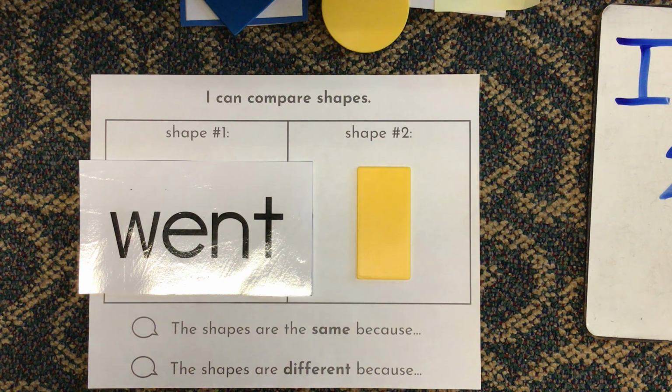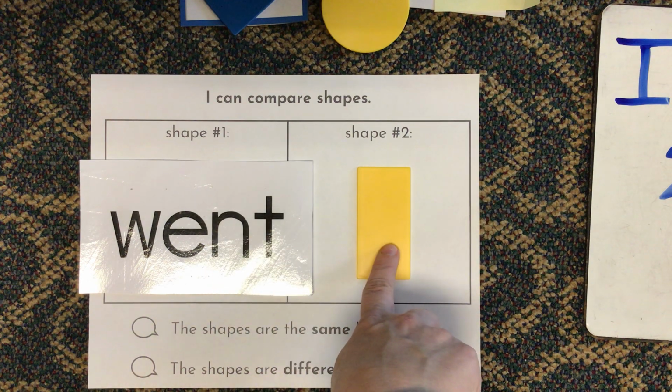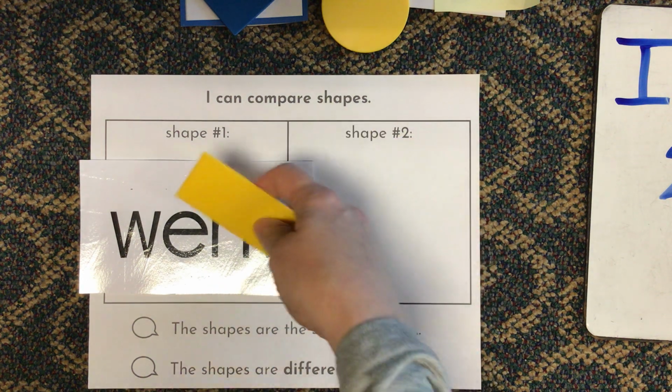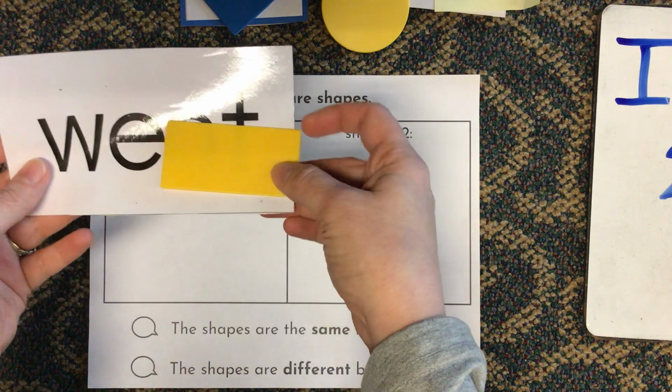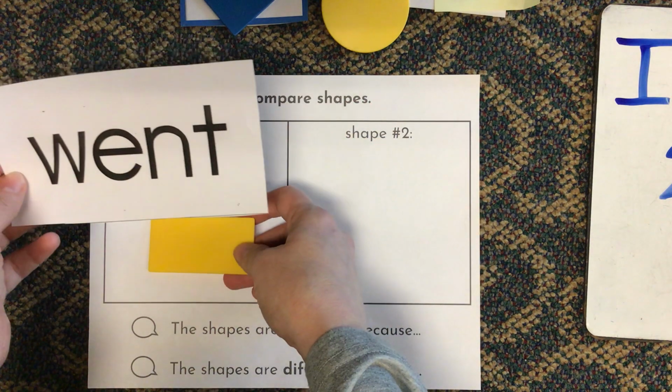Okay, so let's think about how these shapes are different. We know they're both rectangles, but how are they different? Yes, you might notice that one of them is bigger and the other one is smaller. You can see that specifically if you put it right on top. See how much bigger that one is than this one? So that's one thing we notice.